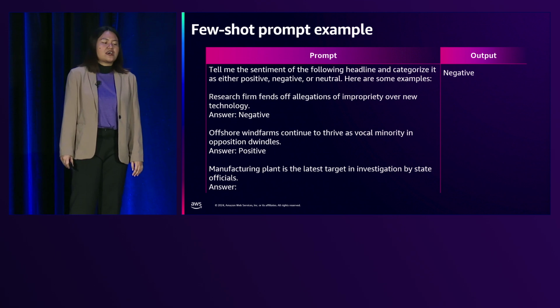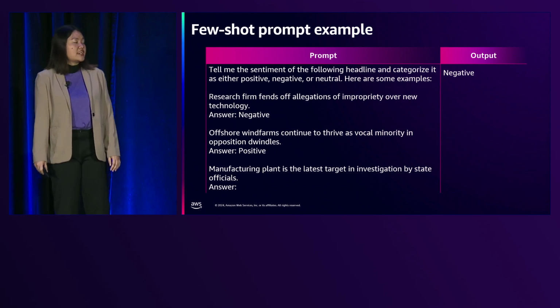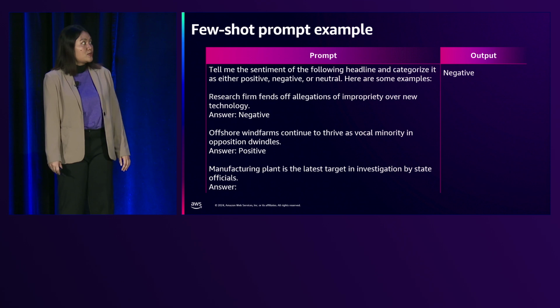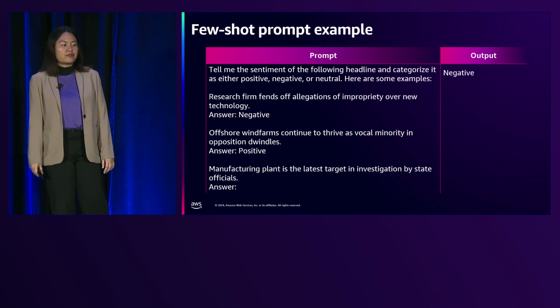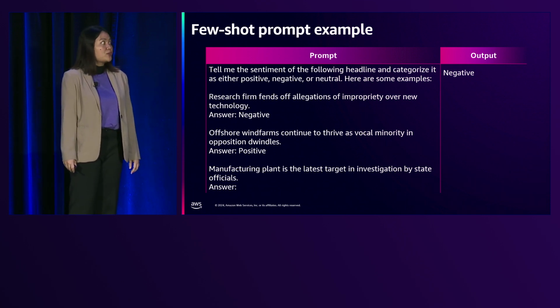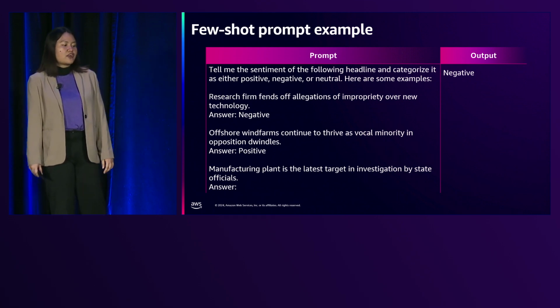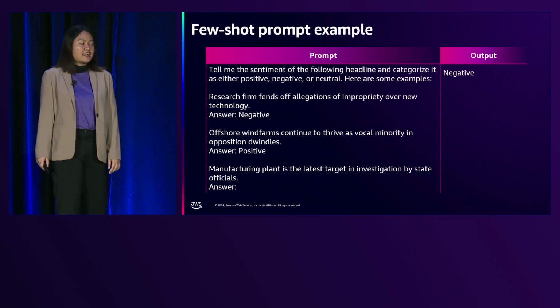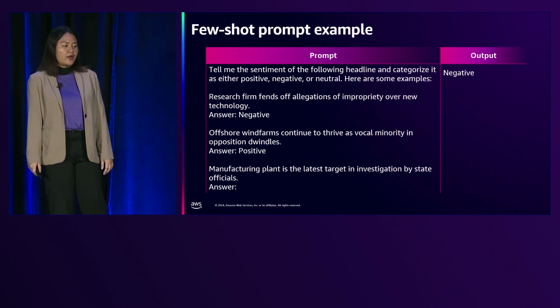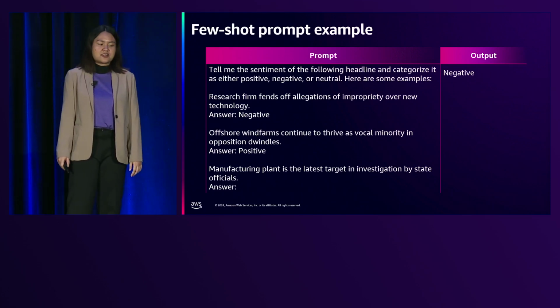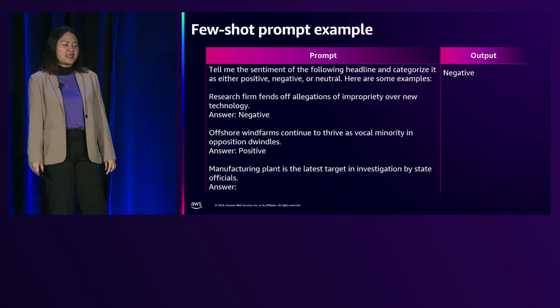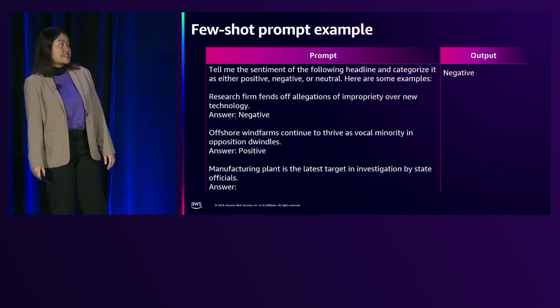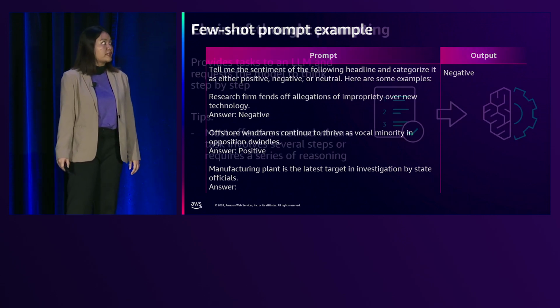With the few-shot prompt example, you set the specific use case sample inside of your prompt. So you provide the context and you provide the answer inside of your prompt. And in here, you can see the output. With the last question, manufacturing plant is the latest target in the investigation by state officials, that means that is a negative sentiment.